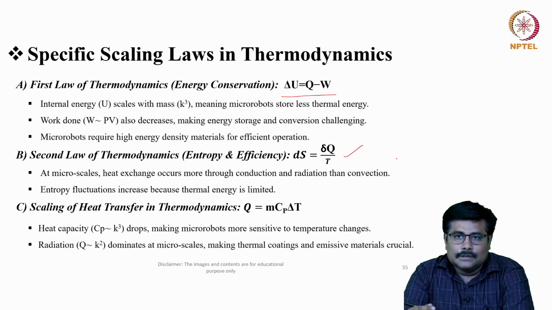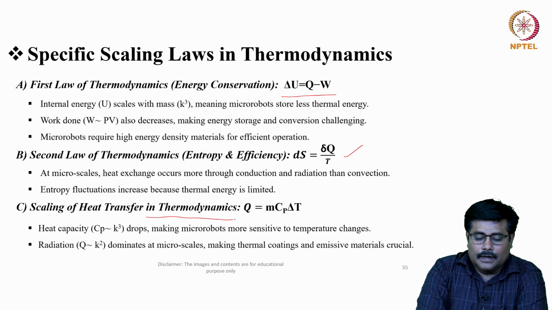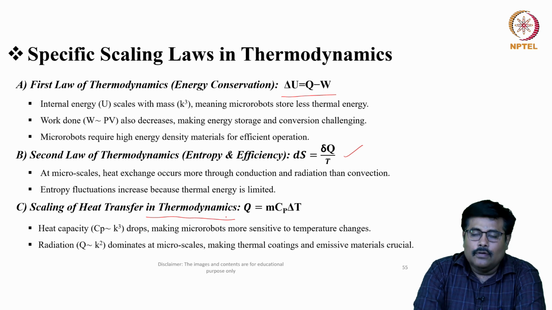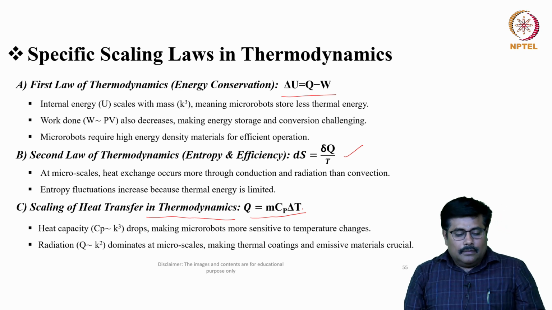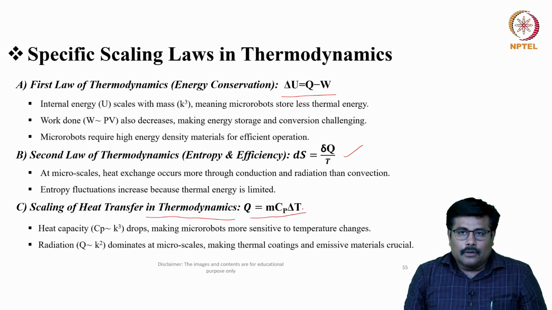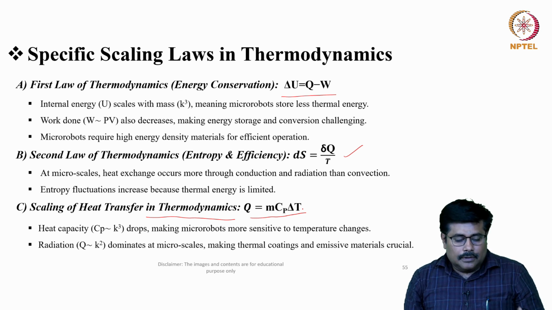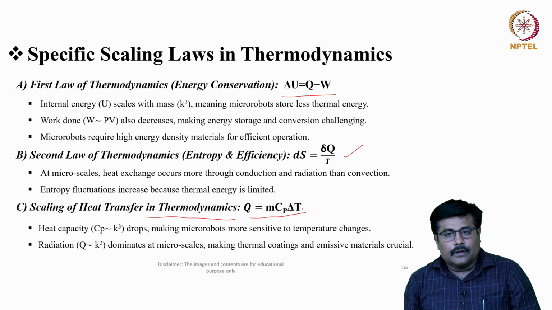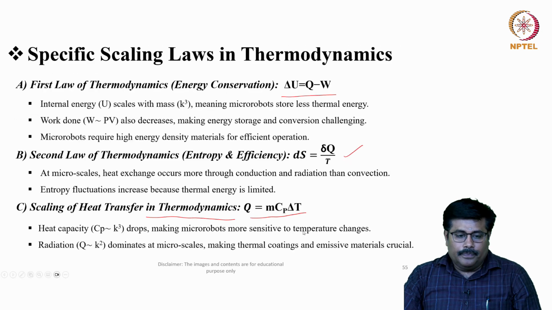Similarly, looking at the scaling of heat transfer, it is governed by the equation Q equals mCpΔT, where the heat capacity Cp drops, making micro robots more sensitive to temperature changes. From the radiation point of view, it dominates at micro scale, making thermal coatings and emissive materials crucial.